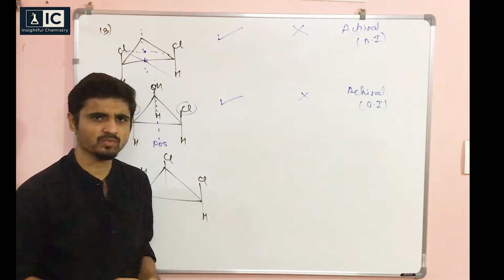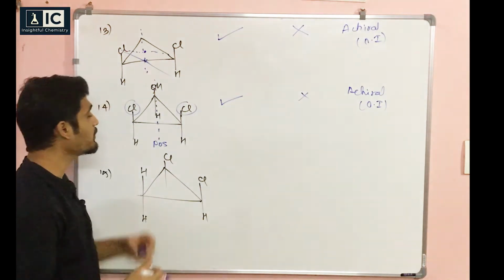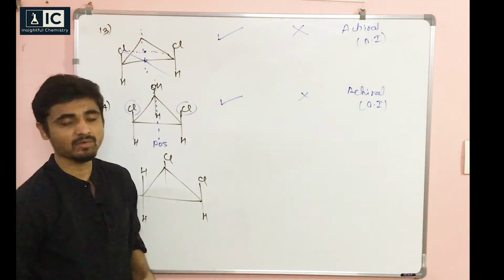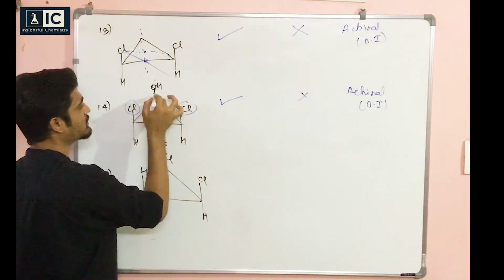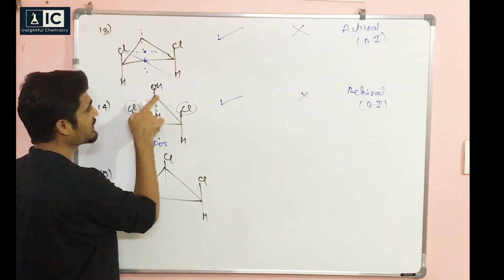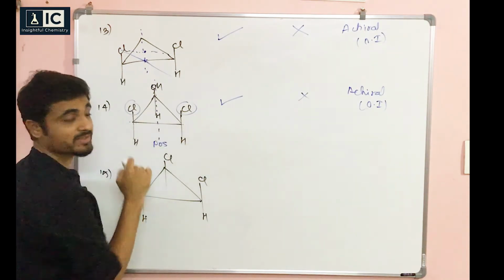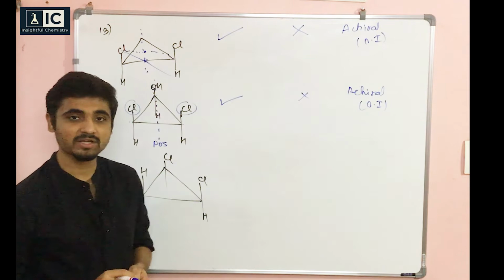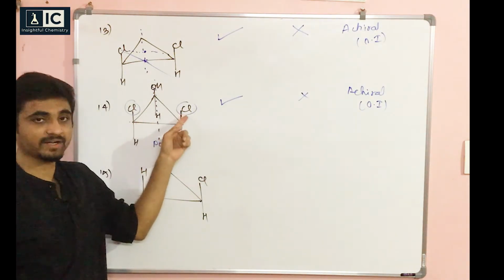Okay, let me ask you one question. How many chiral carbons are there? What will you answer? So 1, 2, 3. Is this chiral? Both sides I have Cl, same group. Is this chiral? What will you think? It is chiral depending on their orientation.